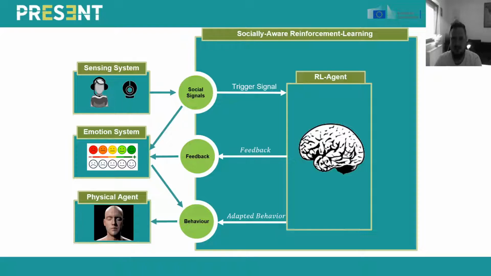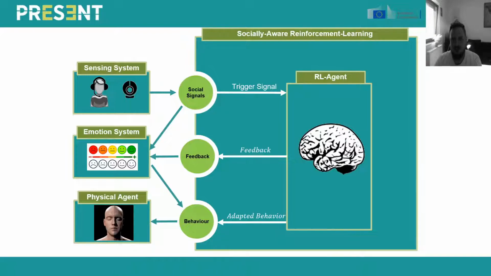So his social signals are mapped to an emotional state, and with this emotional state we can calculate an emotion for the agent. This is not only based on the emotion he's currently seeing in the user, it's also based on his personality and all kinds of feedback he's getting from the application.